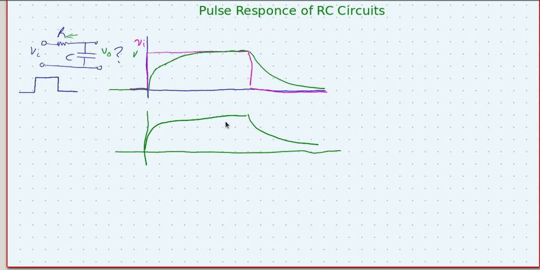Now it depends on the values of R and C, that's going to decide the slope. If R and C values are high, then the process is slowed down.